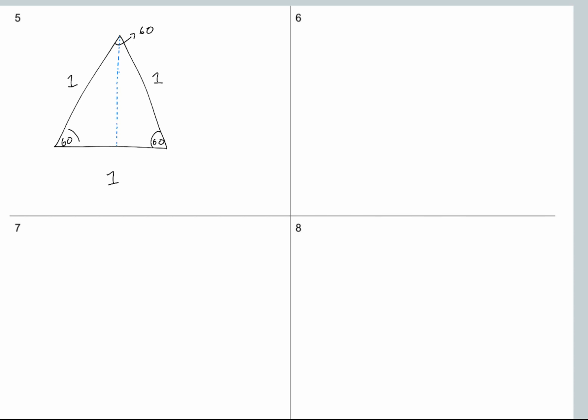That means the line goes from the top to the bottom at a right angle. And because of the nature of the equilateral triangle, the angle is split in 2, and the baseline is split in 2. Is that okay? Okay, this gives us our new triangle.